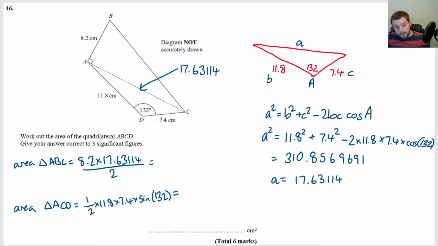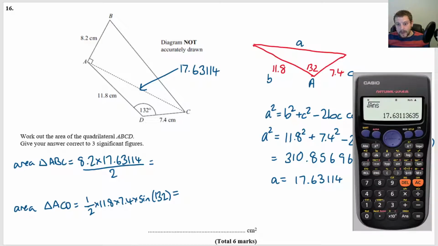Okay, so let me type it in as in total. So 8.2 times 17.63114 halved. So that's just base times height halved. And then that's the top triangle.